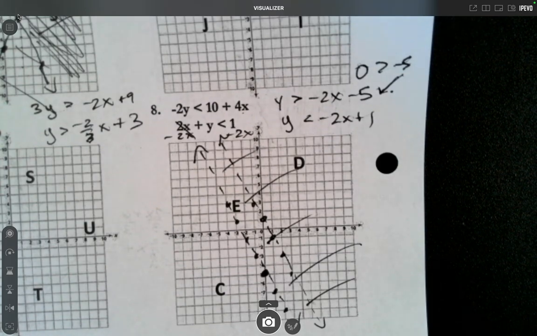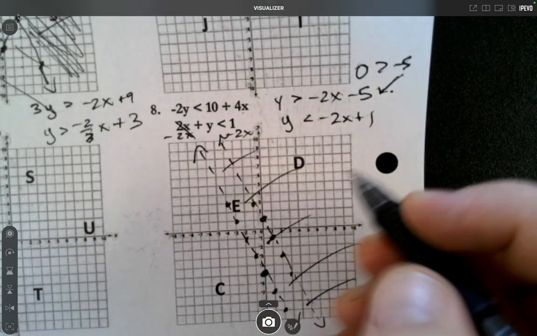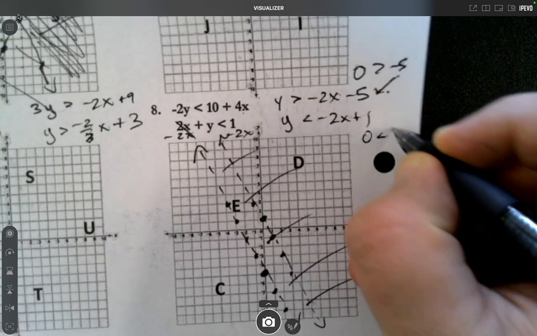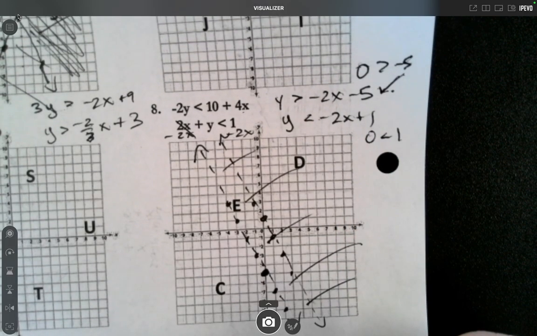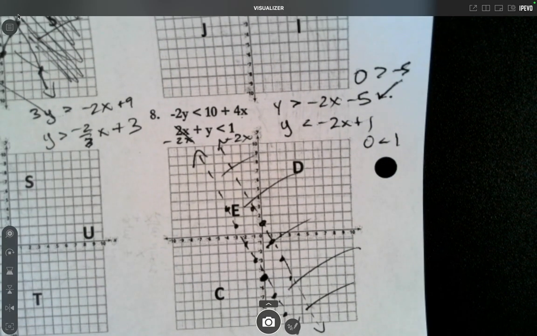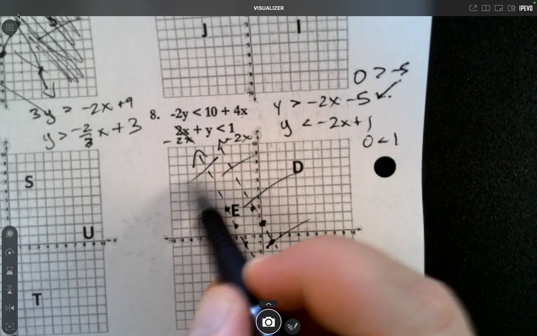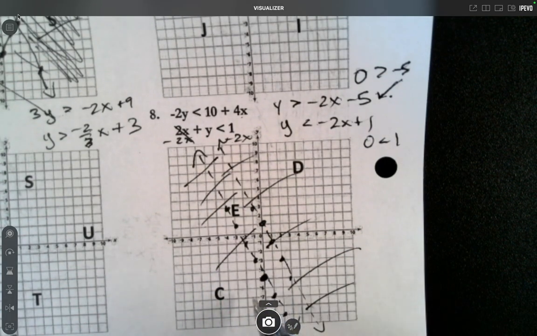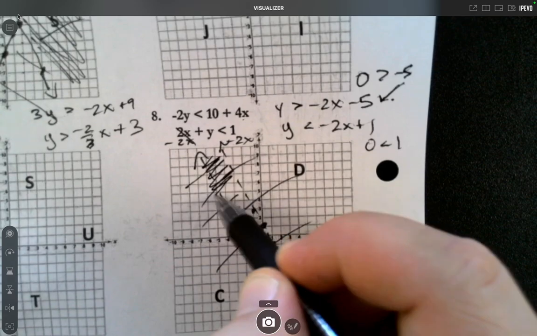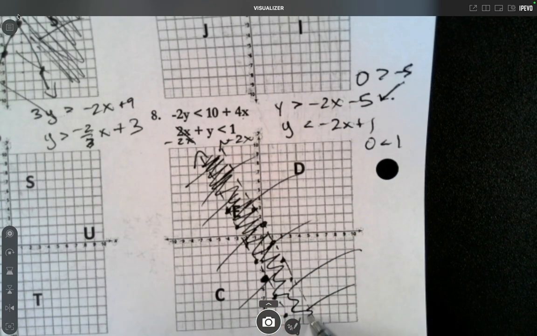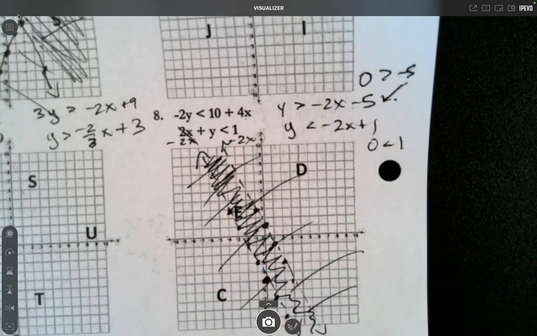But with inequalities, they still can overlap in the regions. So if I plug in 0, 0 here, I get 0 is less than 1, which is true. So I shade below this line. So it's between the two of them that we end up with the mega shading. Which means E is our final letter.